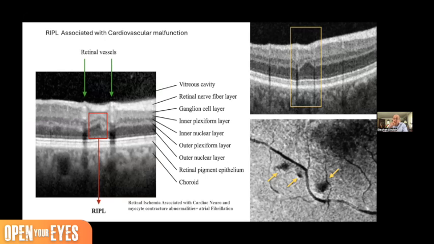This is brand new information, hot off the press, showing that if the eye doctor sees this, they can predict that you're at greater risk for a cardiovascular event, that you're going to need to see your cardiologist, maybe have a calcium score or an echo or whatever workup the cardiologist wants to do. But this is a very early sign that you're at risk for AFib, or at risk for having an event, either a stroke or a heart attack.